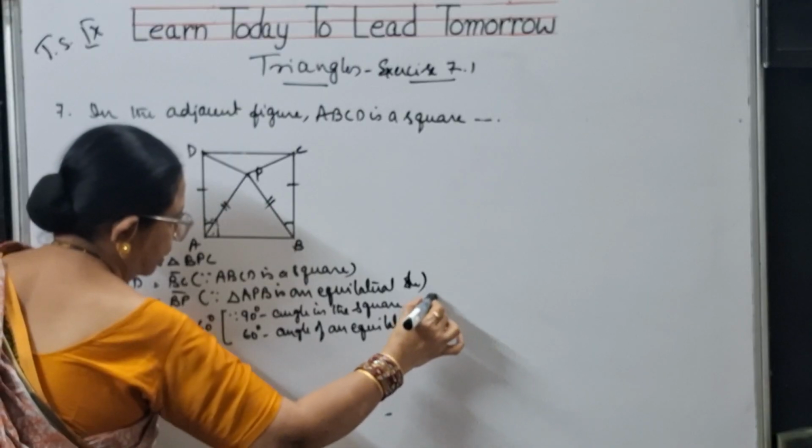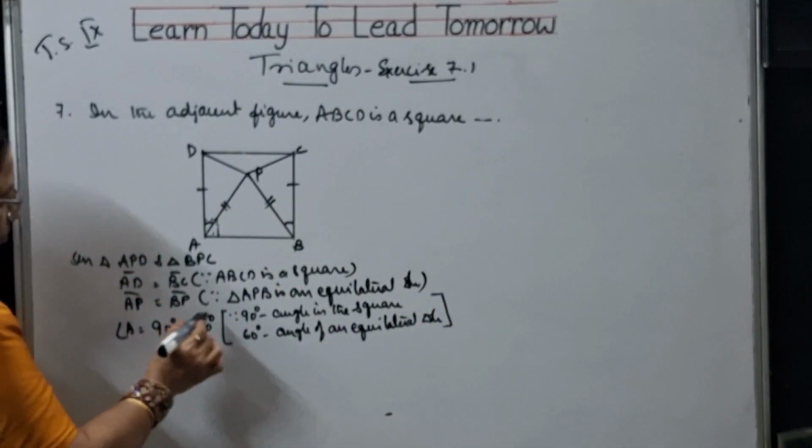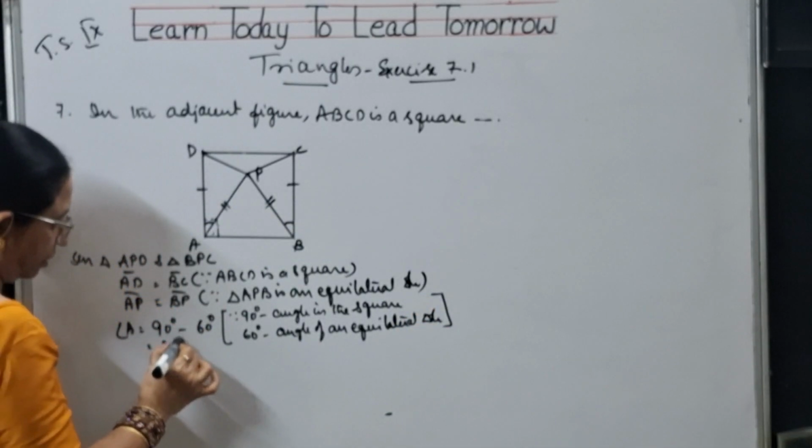Since it is an equilateral triangle, it is 90 minus 60, that is 30 degrees.